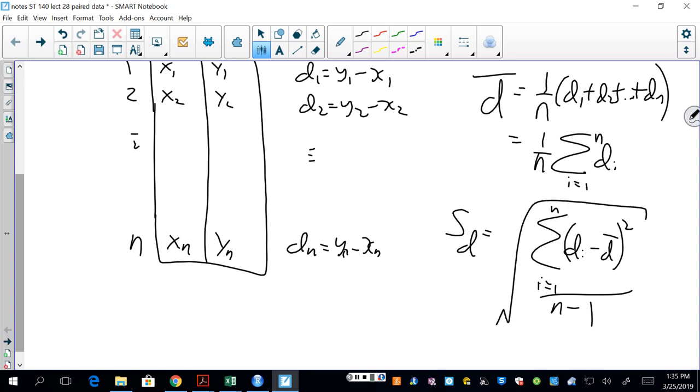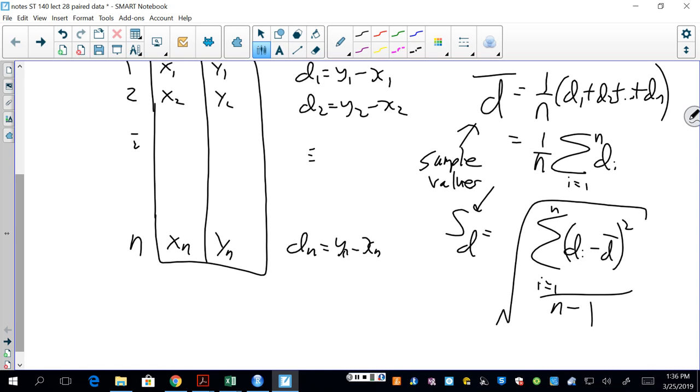So this is the sample average and sample standard deviation for the differences. Those are going to be our two basic summaries. Right? And so the parameter we're interested in is the average difference. Right? And so we're going to use the sample average, so these sample values.